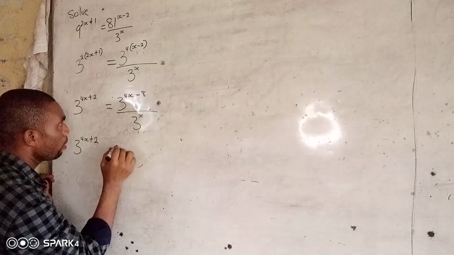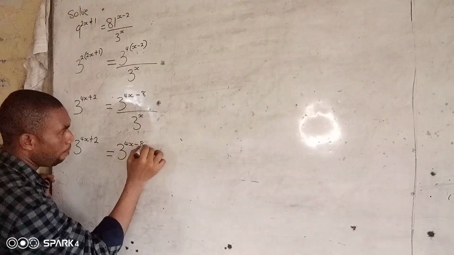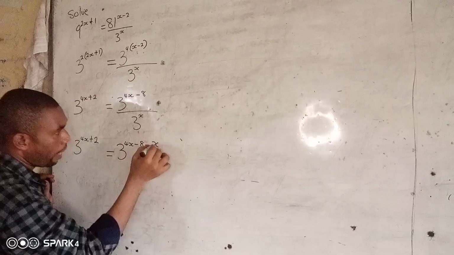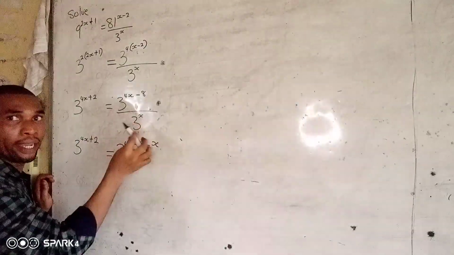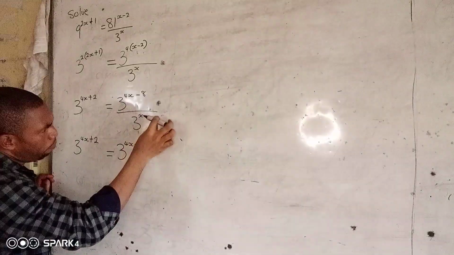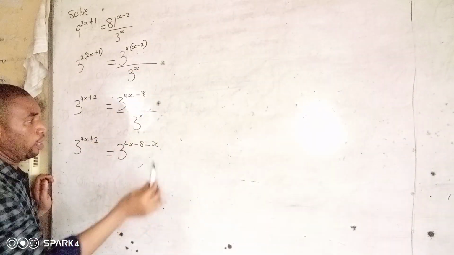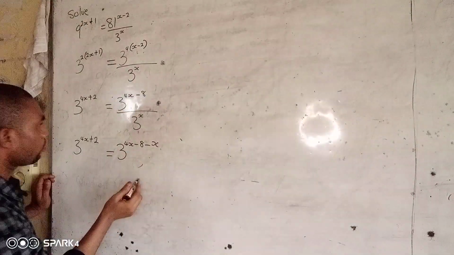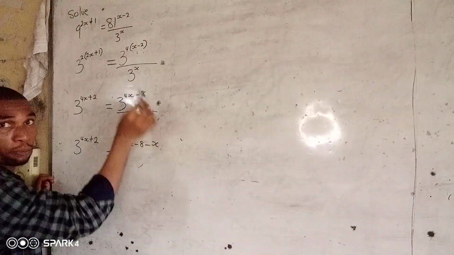Meaning I'm going to have 3 raised to the power 4x minus 8 minus x, this x here. Because remember, whenever you are dividing an indicial equation, the power of the denominator will be subtracted from the power of the numerator. That is what I did here. Now, this negative sign is constant because we are subtracting.